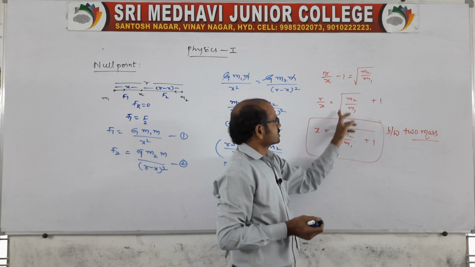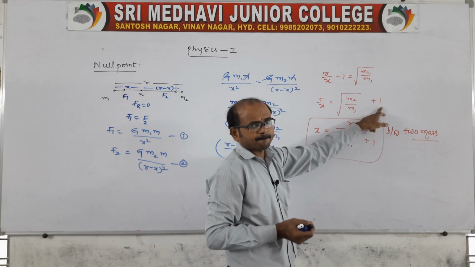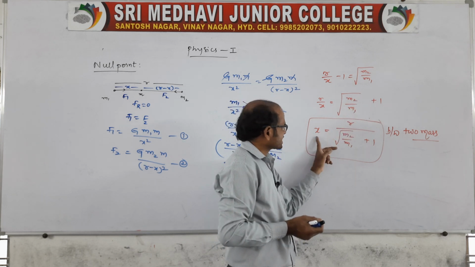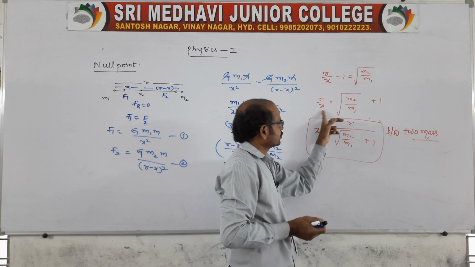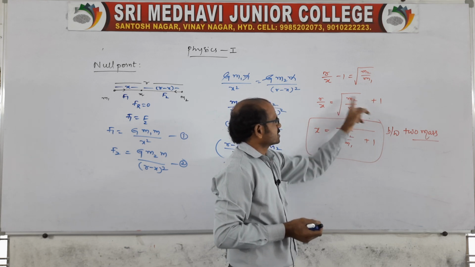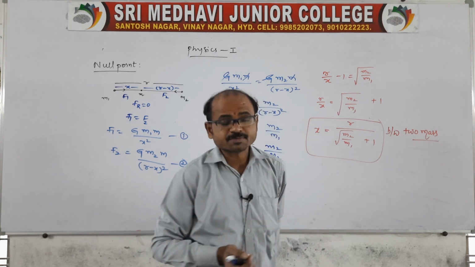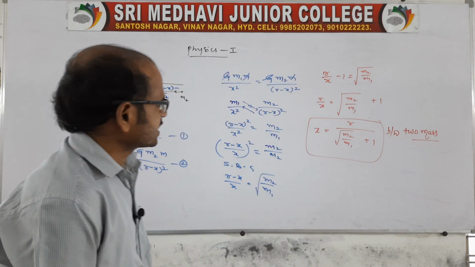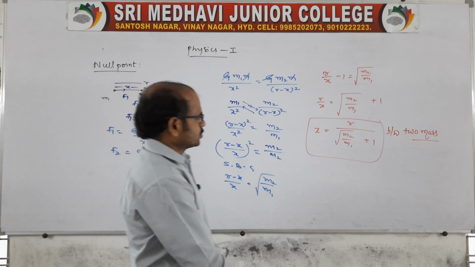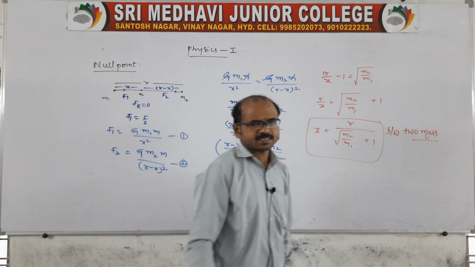Now r by x is equal to root over m2 by m1 plus 1. Now x is equal to r by root over m2 by m1 plus 1. It is between the two masses.